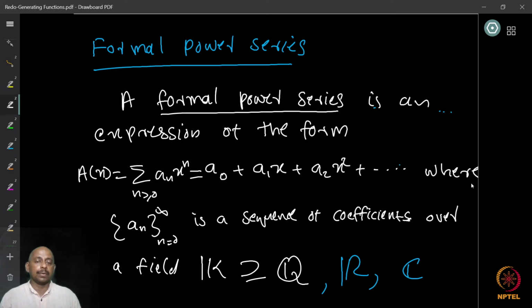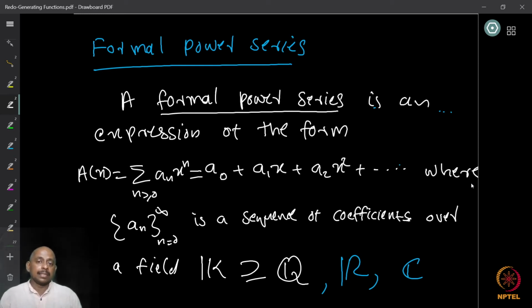We are going to look at this with the assumption that we draw the coefficients from a field, let's say field K, and most of the time we will assume that the field of coefficients contains the field of rational numbers. For example, we look at Q, R, or C: the rational field, the real field, or the complex field.